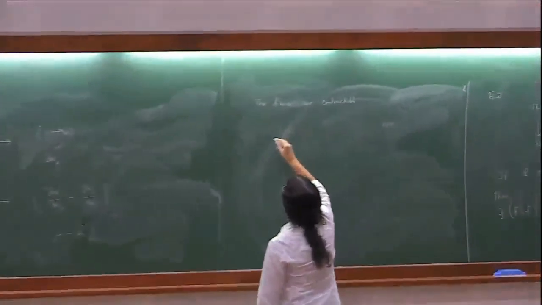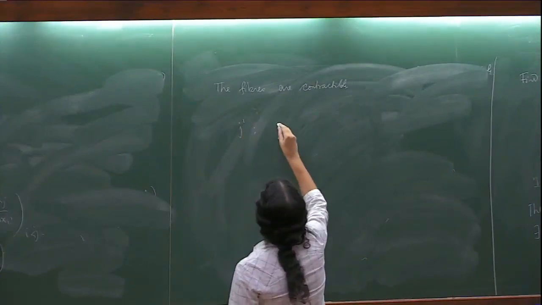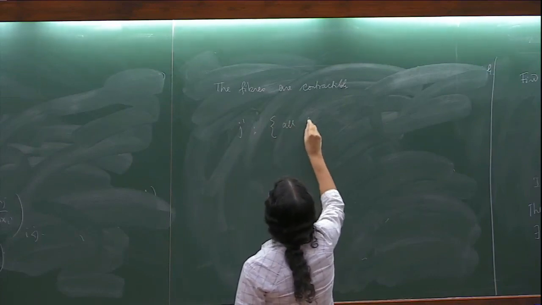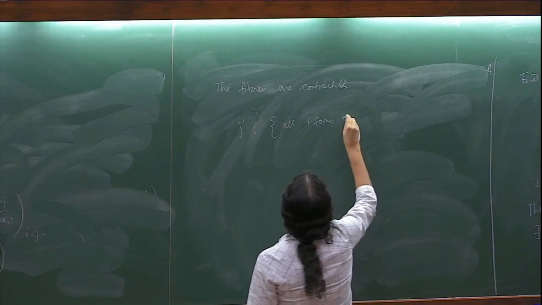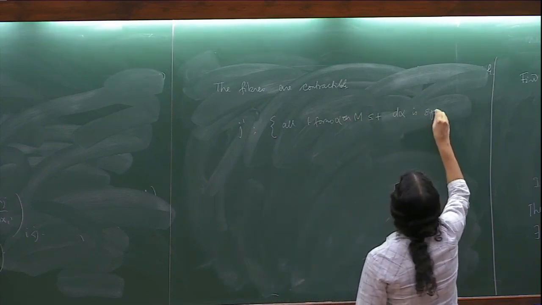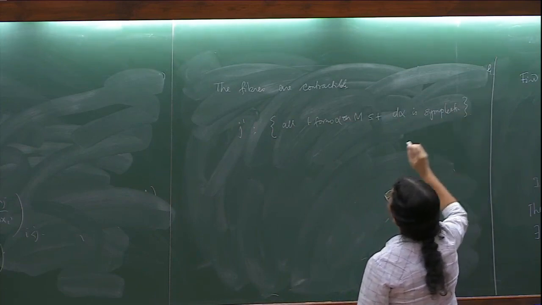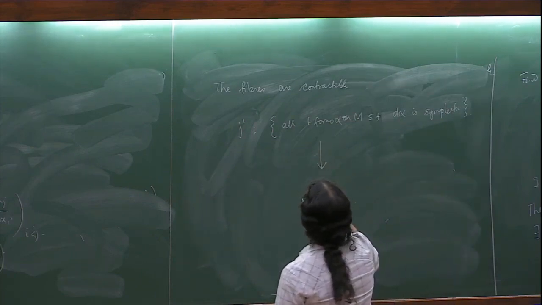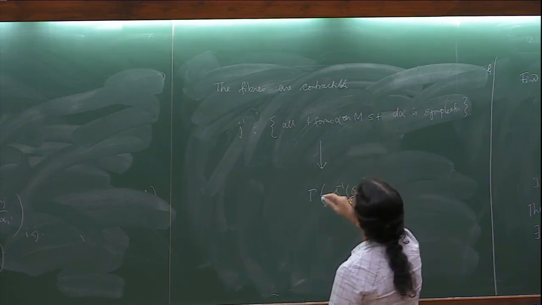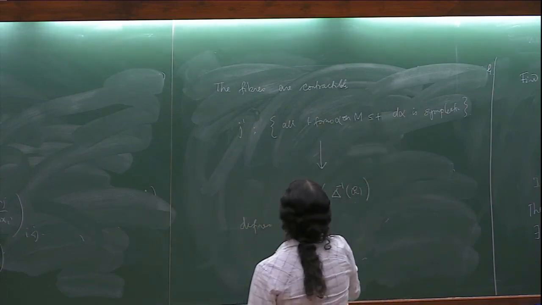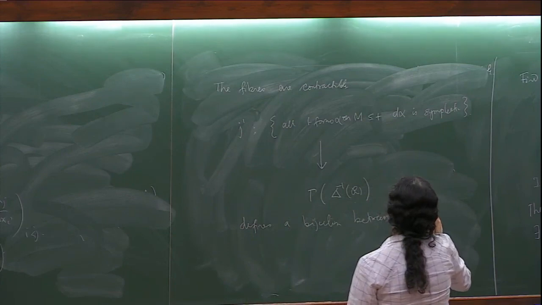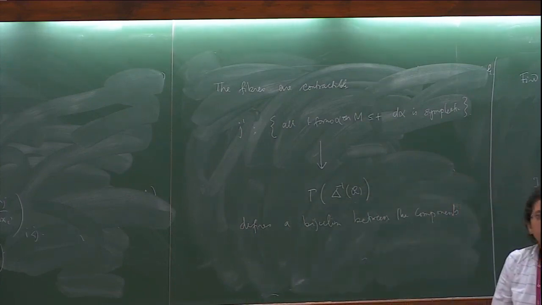It says that this J1 from all one forms on N such that d alpha is symplectic, from here to gamma of delta inverse R, this defines a bijection between the components.